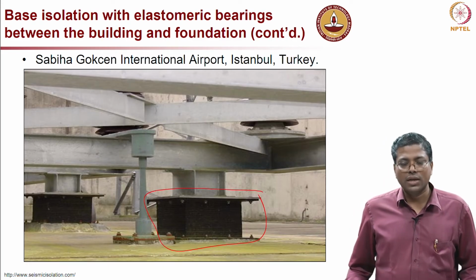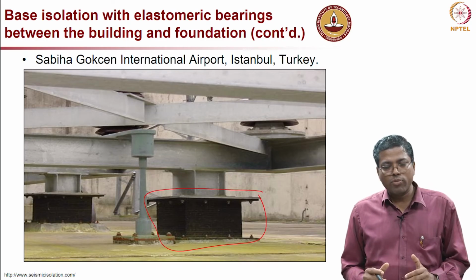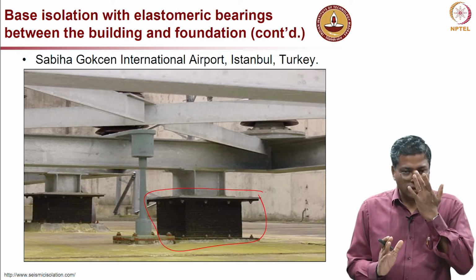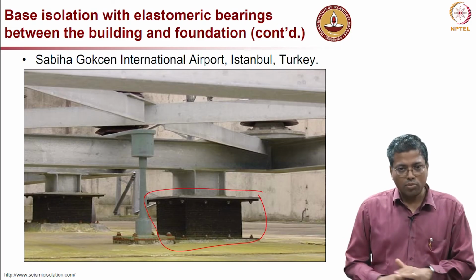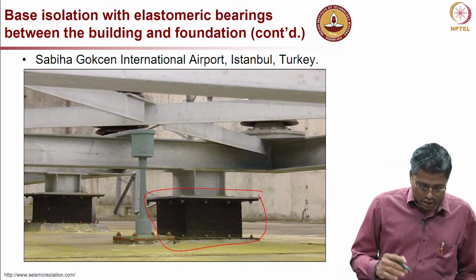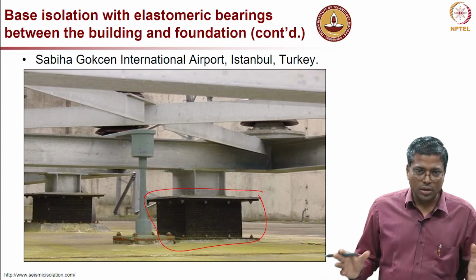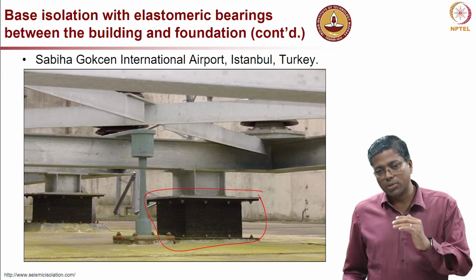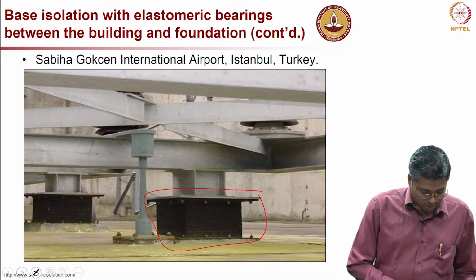So, even if there is an earthquake, the portions above the bearing will stay straight, while the ground can move laterally, and the resulting movements or stress generated in the portions above the bearing is very limited.